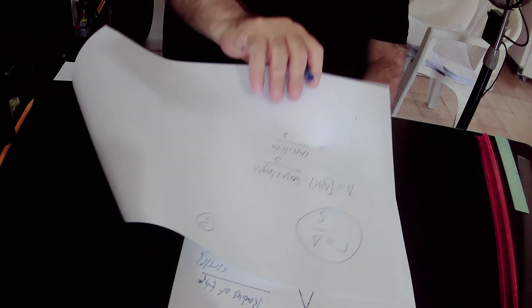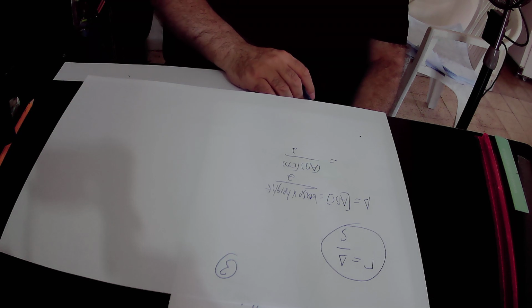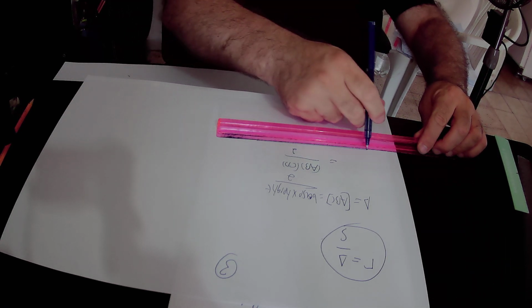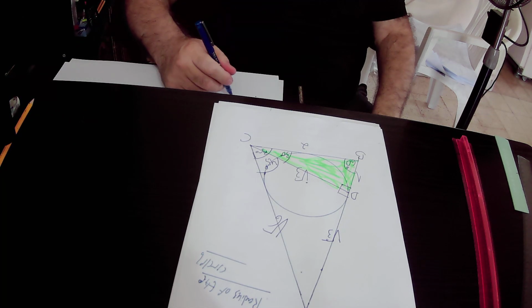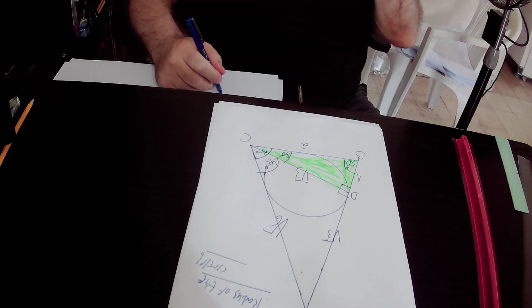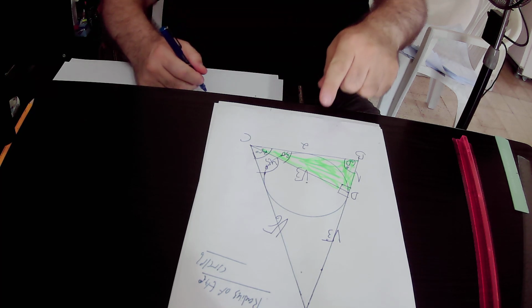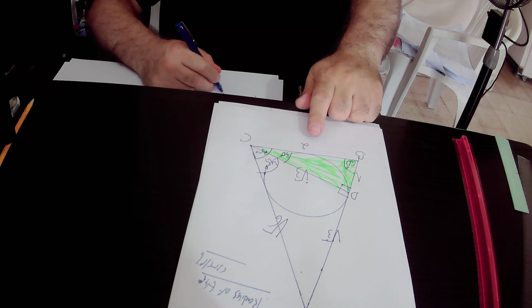Again, the area of triangle ABC equals the base, that is AB, times the height of the base, that is CD, over 2. So what is the value of AB? AB equals 1 plus square root of 3 units. What is the value of CD? CD equals square root of 3 units, all divided by 2.